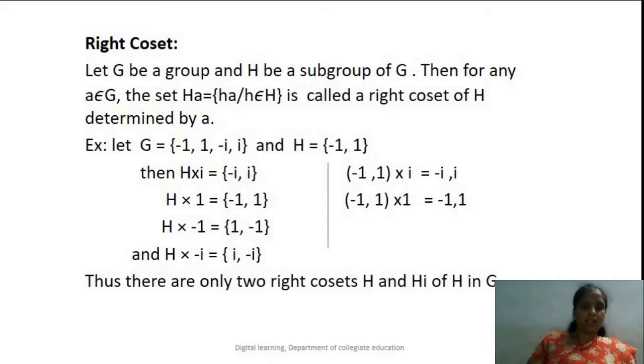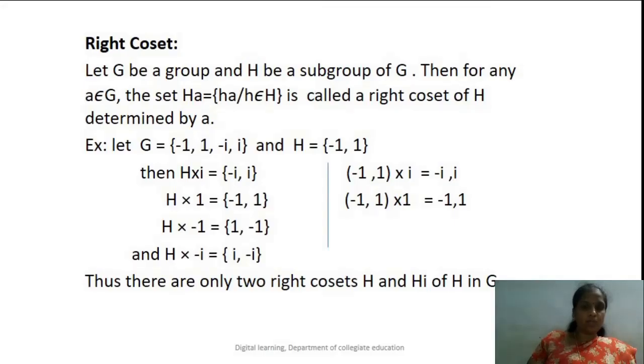Then H into 1: H is {-1, 1}, and multiplied by 1, -1 into 1 becomes -1 and 1 into 1 becomes 1. Similarly, H into -1 gives 1 and -1, and H into -i becomes i and -i. Thus, there are only two right cosets, H and Hi, of H in G.